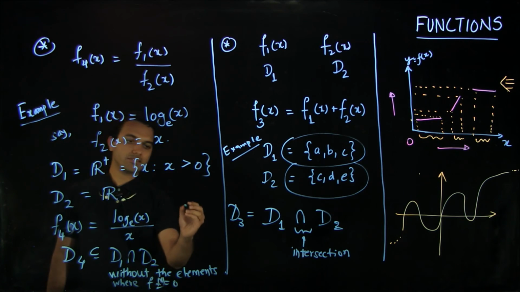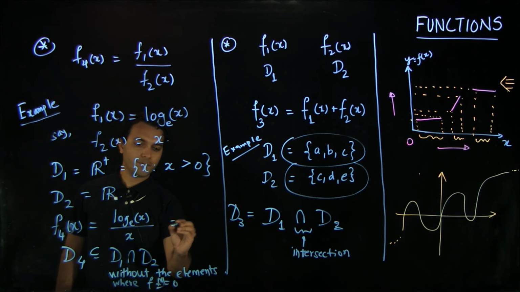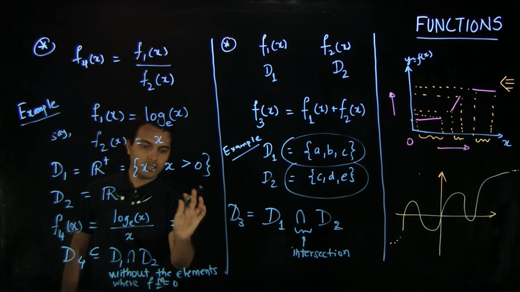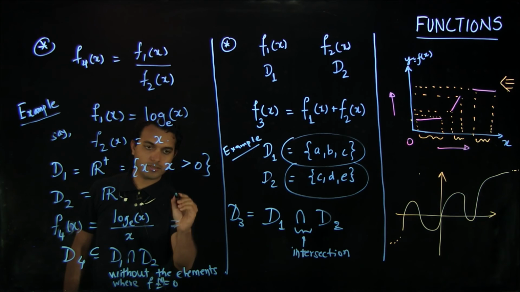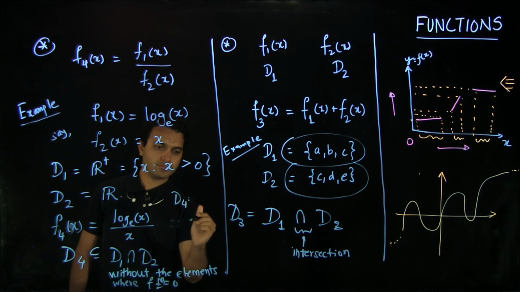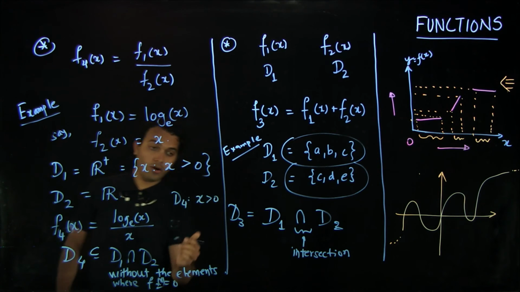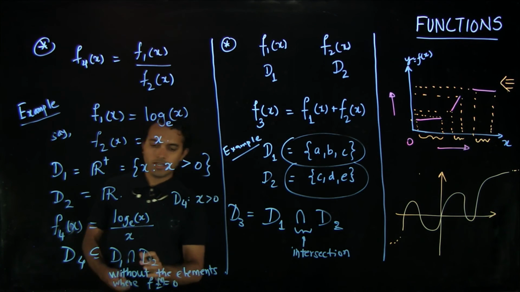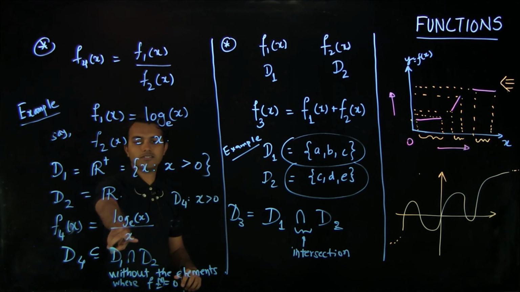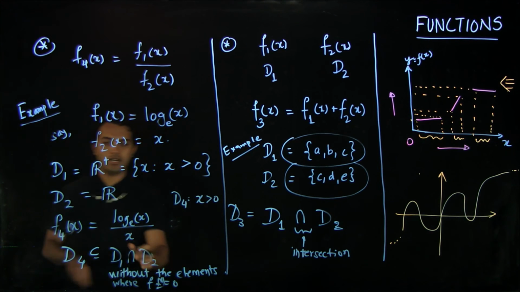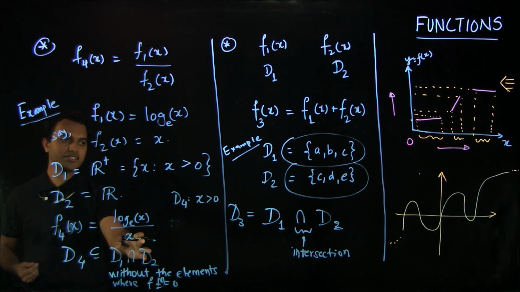So in this case, D4 is simply all positive reals. And here what happened was the denominator x was 0 only at 0.